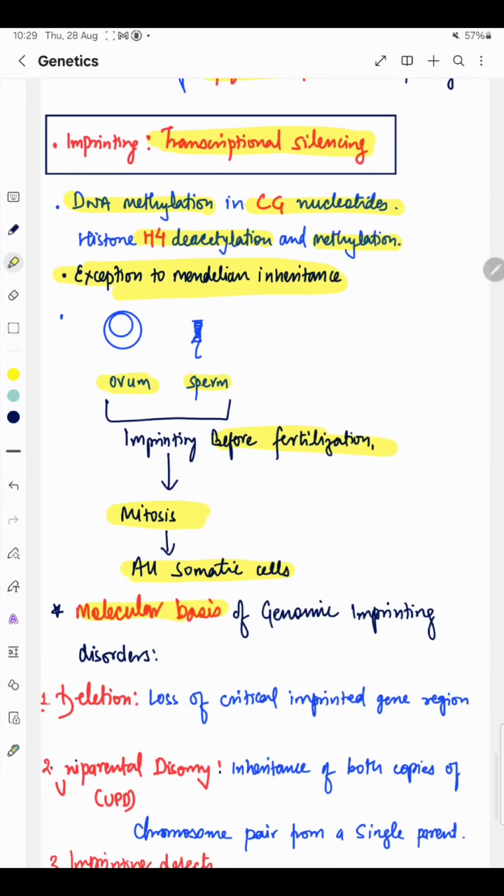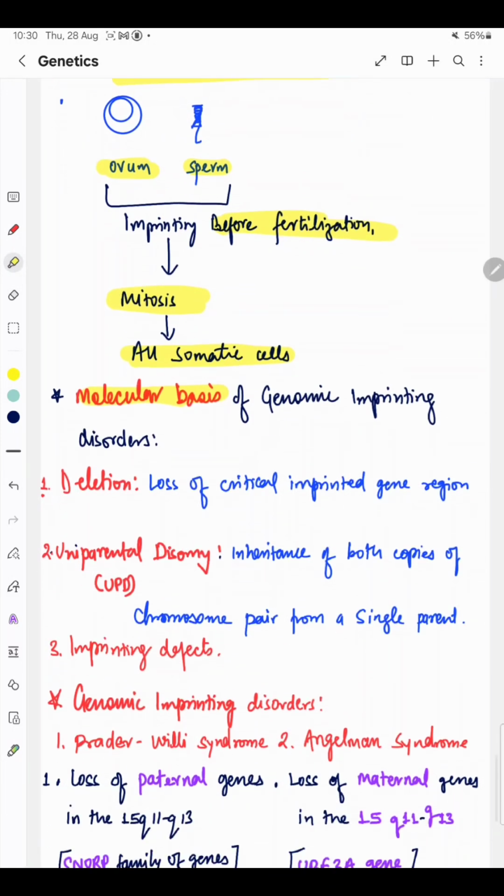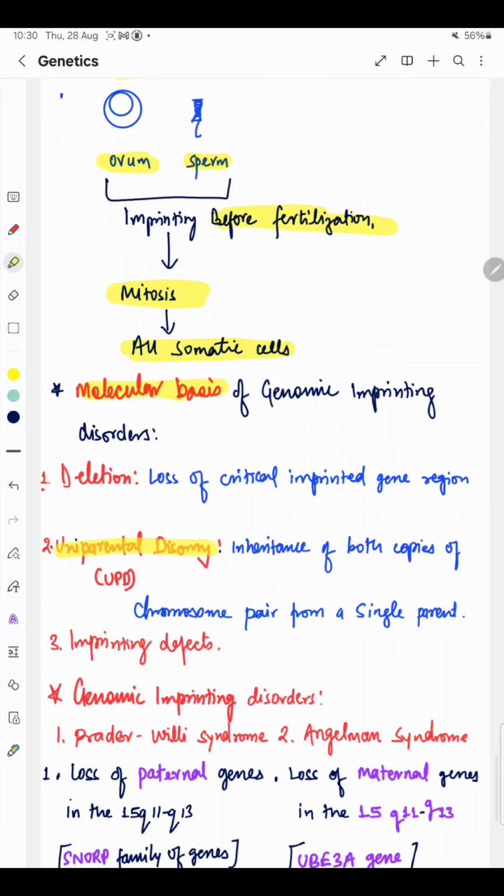The molecular basis of genomic imprinting disorders: first is deletion. Deletion is responsible for most of the cases, with loss of the critical imprinted gene region. The other mechanisms are uniparental disomy and imprinting defects.